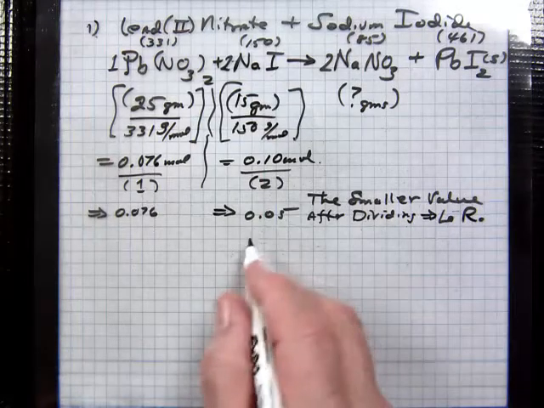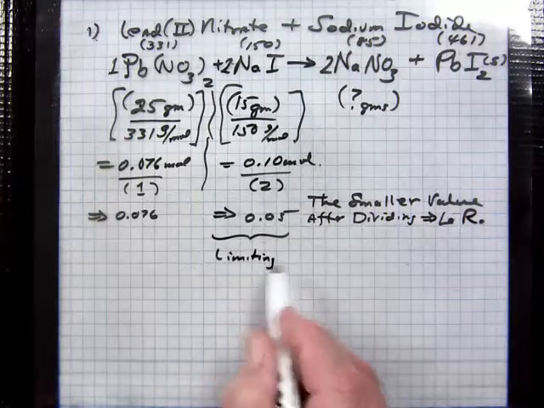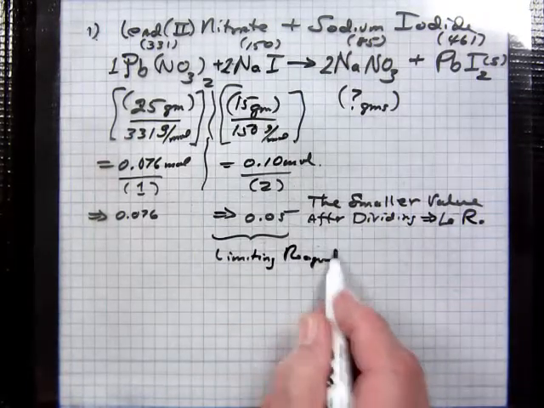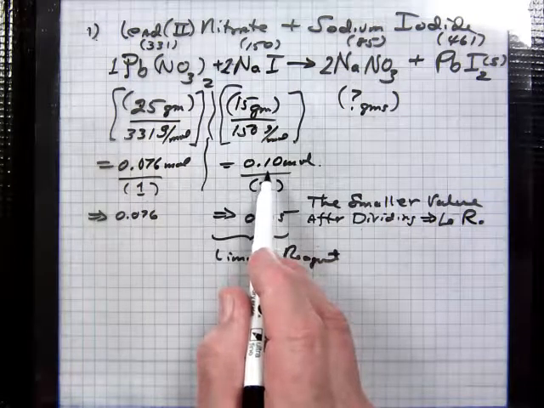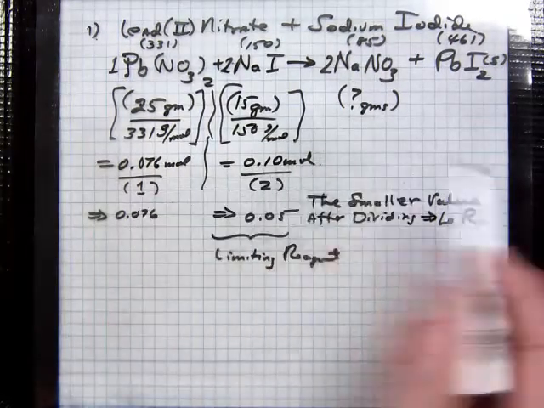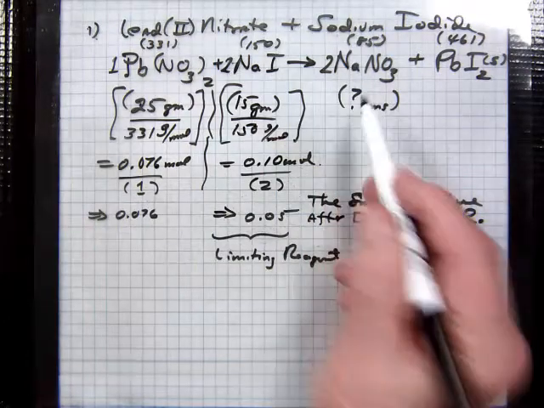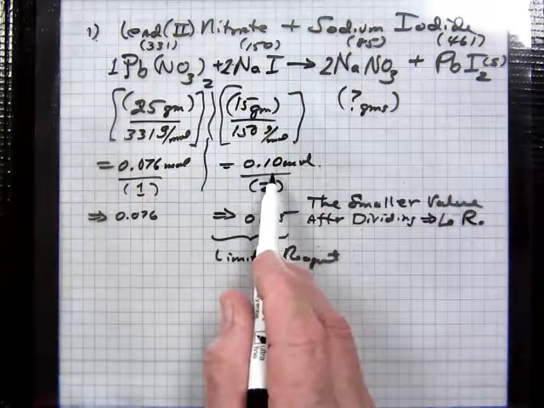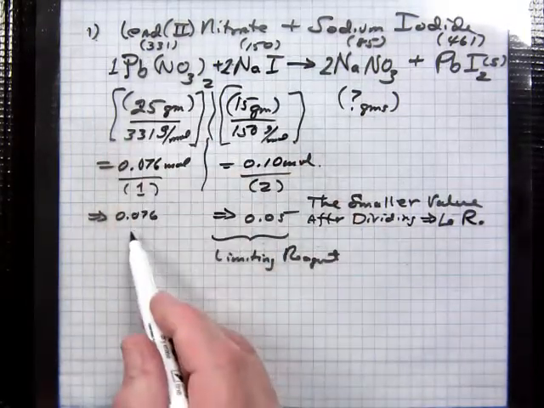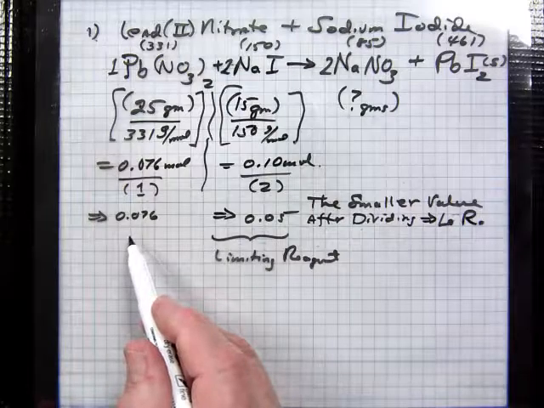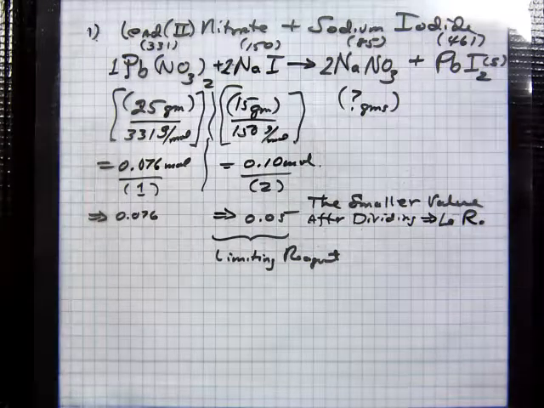So once we've determined this is the limiting reactant, and we have 0.1 mole of it, then you work the rest of the problem like the moles of sodium nitrate will be based on the 0.1 mole of sodium iodide, not on the lead nitrate. If it's not a limiting reagent, it will be in excess after everything's said and done.